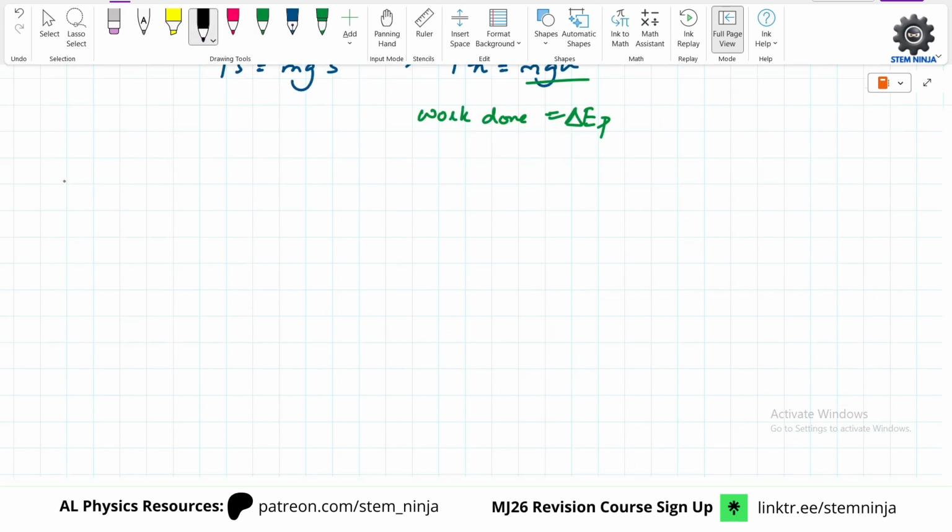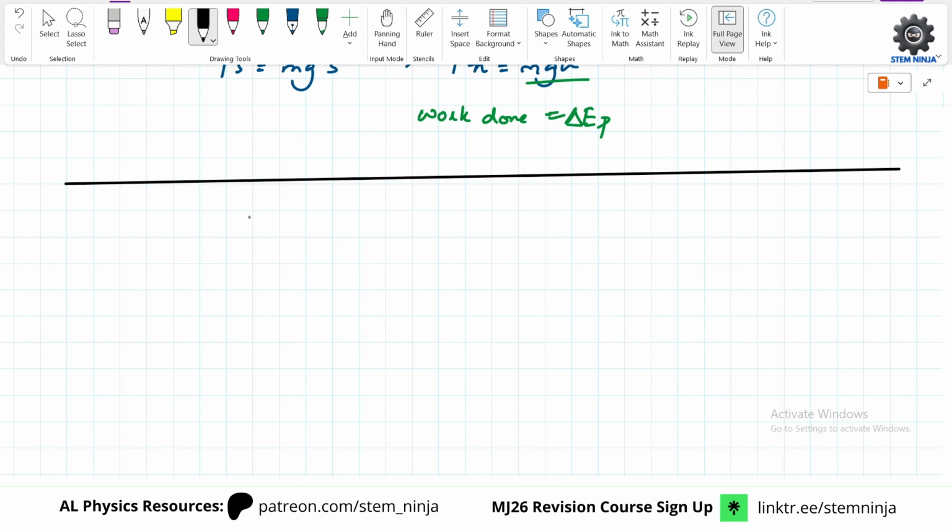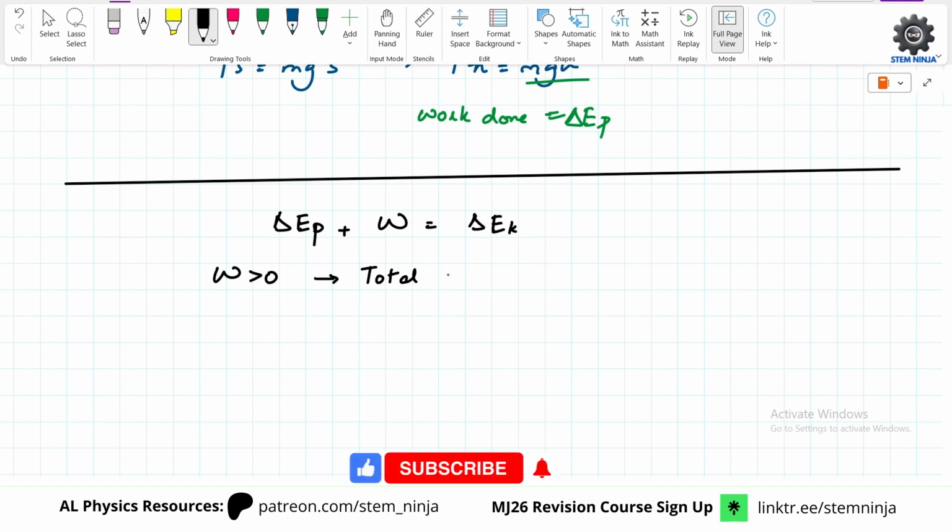Just to summarize, you have change in potential energy plus work equals change in kinetic energy. If this is increasing, the total mechanical energy would be increasing, if there is a change in potential energy also, or change in kinetic energy also.